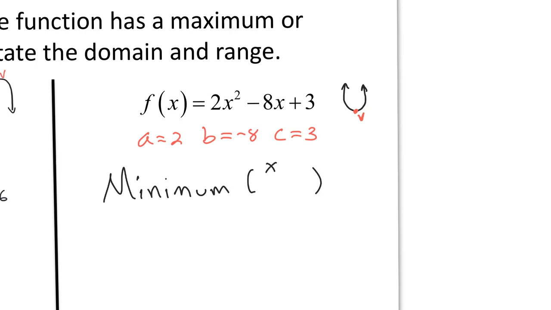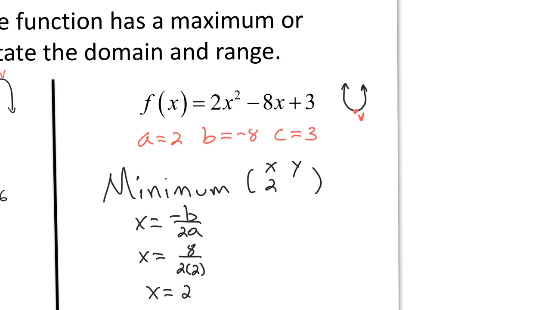So my x coordinate and y coordinate. x will equal opposite of b divided by 2a. So x equals opposite of b, which is positive 8, divided by 2 times a, which is 2 right here. And I simplify, so x equals 2.